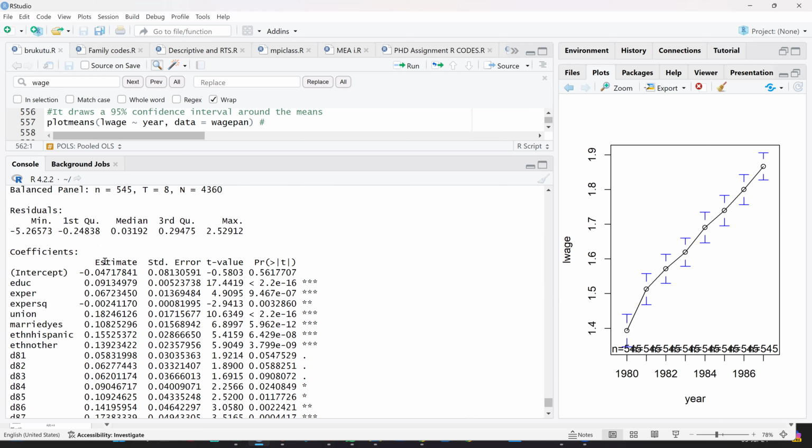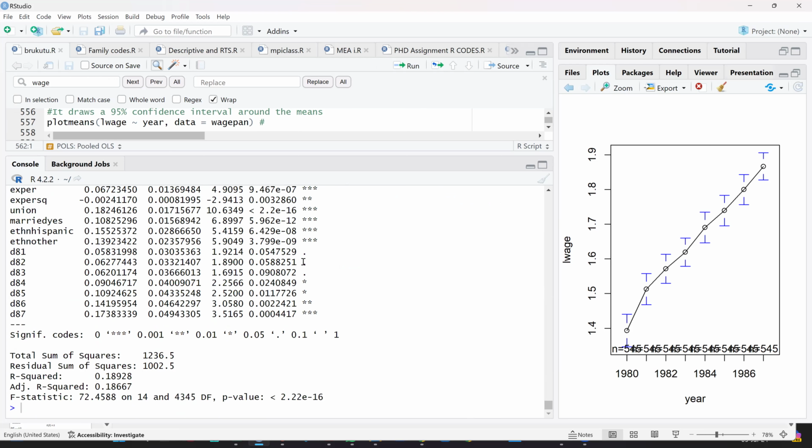You get the estimate for each explanatory variable, and on the far right, you know whether it's significant and at what percent. The total sum of squares is there. The adjusted R-squared is 19%, and the F statistic is significant.